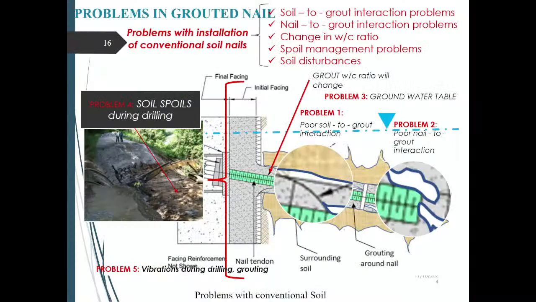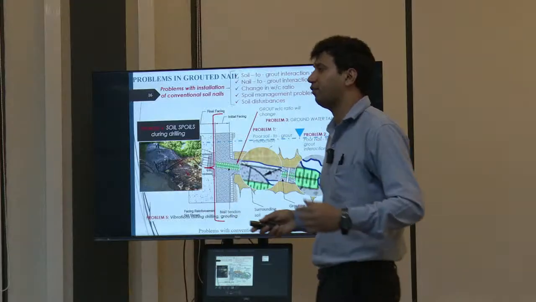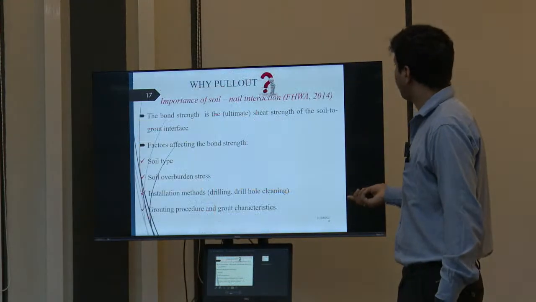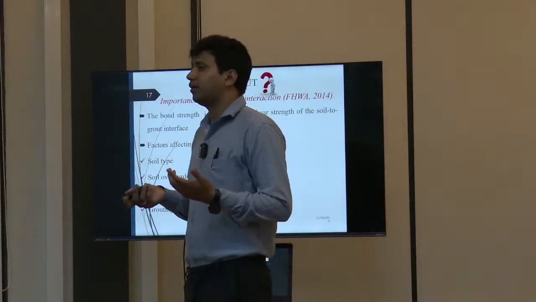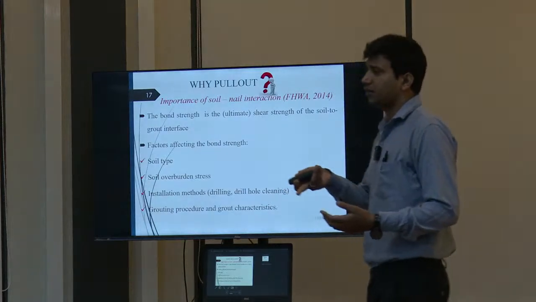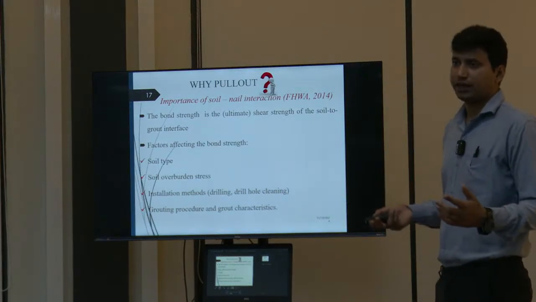So this is the list of problems which we discovered in the conventional soil nail, that is management of soil spoil. Also during the installation of the nail, there is huge disturbance in the existing periphery. So ultimately all these problems result in a decrease in the pull out capacity of a nail.